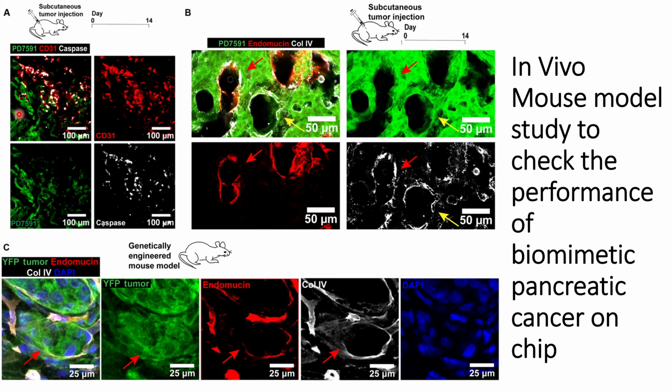And they can also see in this panel A the tumor cells trying to ablate the endothelial cells by releasing the apoptotic factors, and these are the individual images.